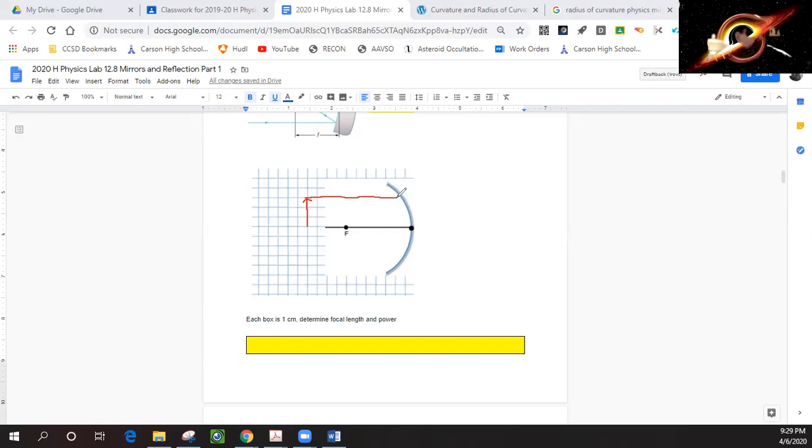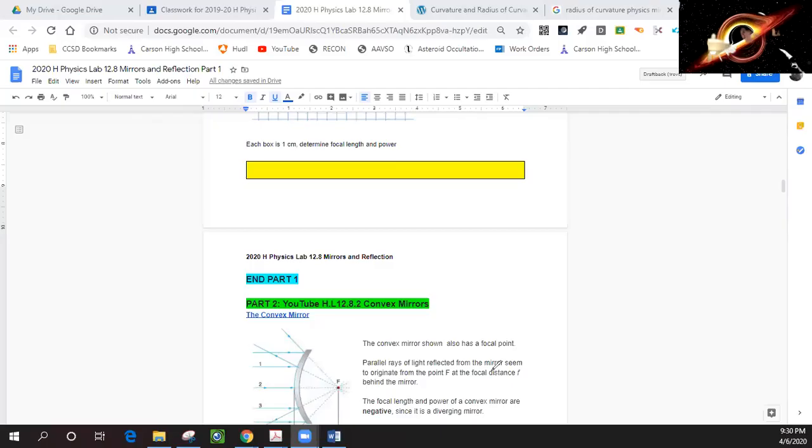It hits the mirror here, and it's going to bounce through the focal point like so. This one goes through the focal point, hits the mirror, and then goes parallel. Where they intersect is where the image is going to be formed. So in this case, here's the image. It's upside down, but here's the focal length. So I want you to estimate and tell me how far the focal length is. And this will be the end of part 1.